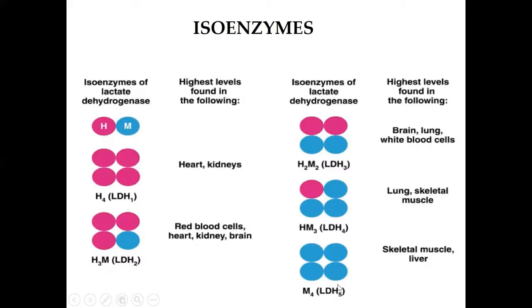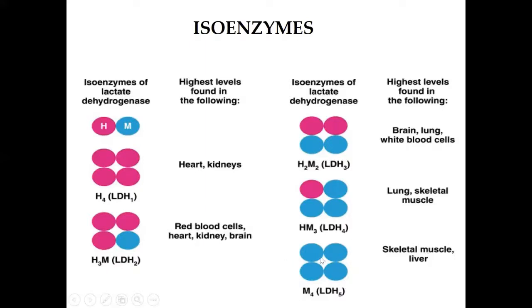And at the end, LDH5, which consists of 4 M subunits. These are different isoforms of one enzyme, lactate dehydrogenase. This enzyme catalyzes one reaction, but the amount in organs and tissues will be different.